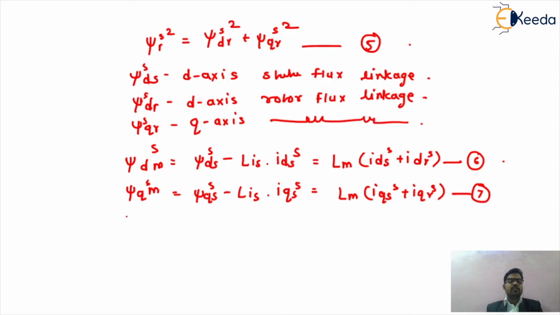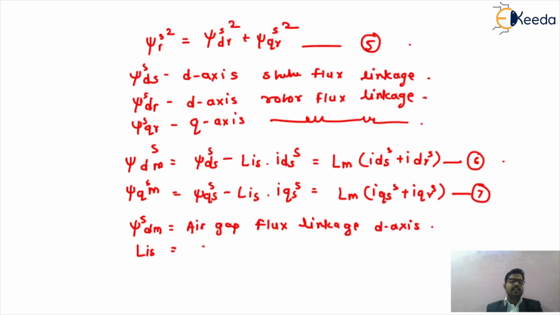From this equation, we are getting psi dm. What do we mean by psi dm? It is the d-axis component of the air gap flux linkage. And the second term, Lls, is very important. It is the stator leakage reactance.